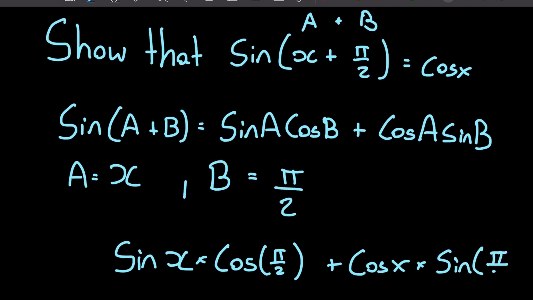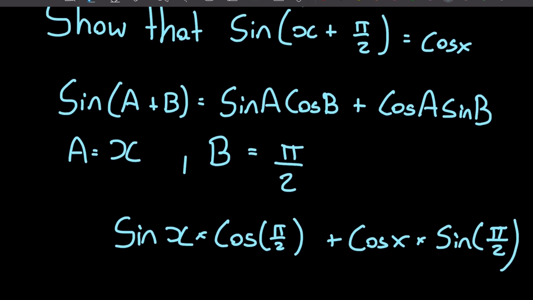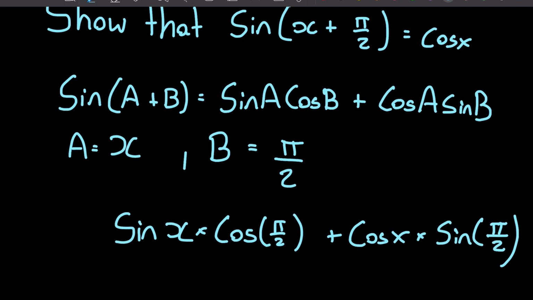Now if you see cos of pi over 2, you can put this into your calculator. Please ensure that your calculator is in radians, because if it's not in radians then it won't give you the value that you're looking for.